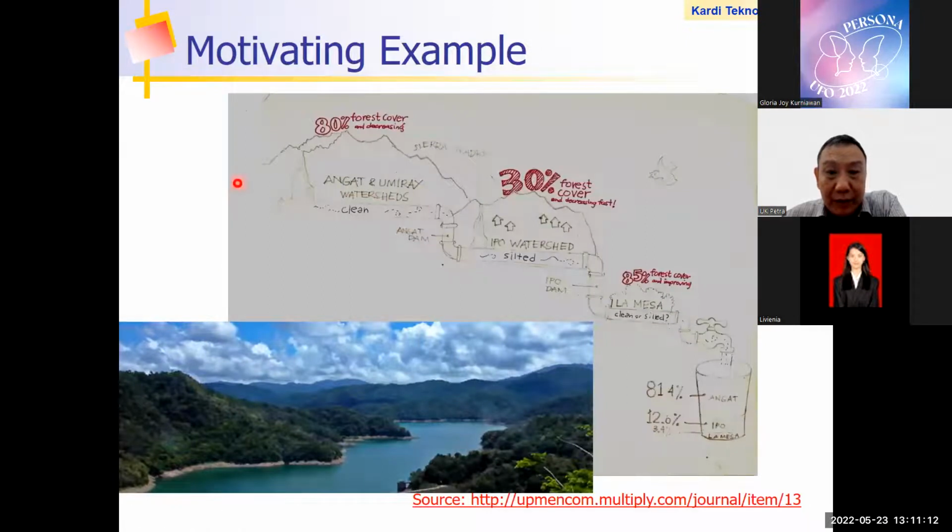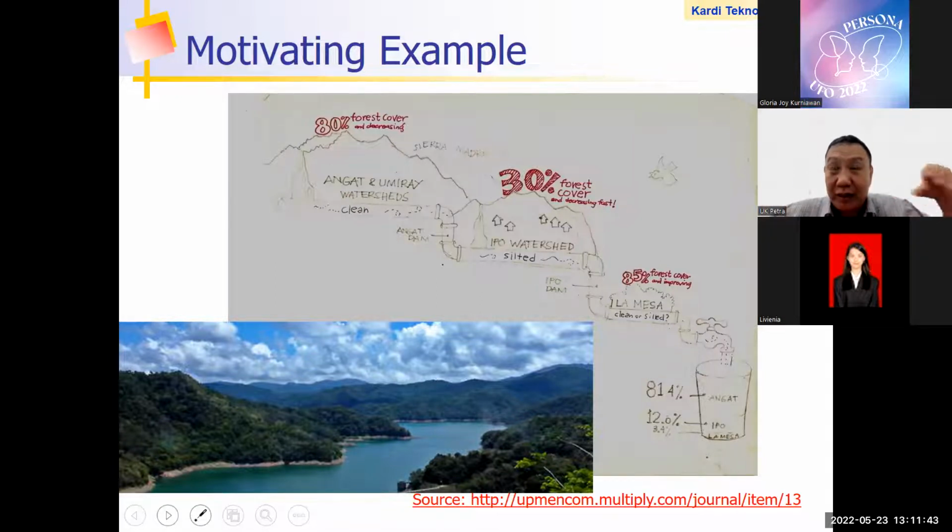So this is the example that we are talking about. There is a river, and the river will flow to the lake. There is a water body or river that will flow to the lake. Unfortunately, the river has been polluted.